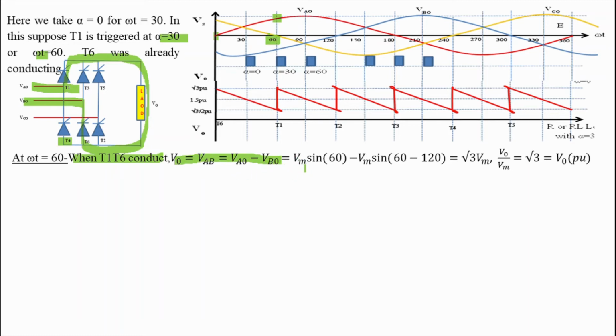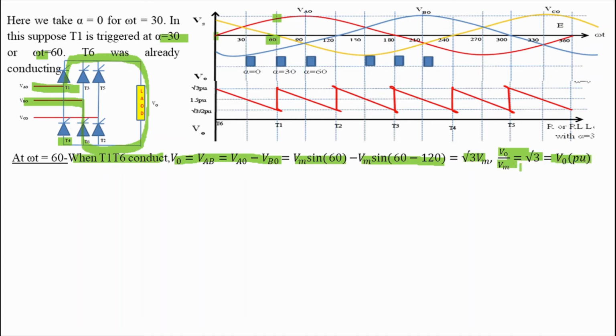So we put omega t equal to 60, we get Vm sin 60, and Vb0 is Vm sin omega t minus 120 degree. Put omega t equal to 60, we get Vm sin (60 minus 120 degree). So on solving this we get root 3 Vm, and in terms of per unit we can write V0 by Vm is equal to root 3, that is per unit voltage.